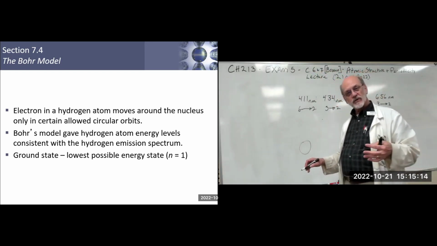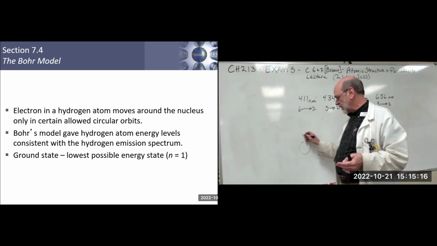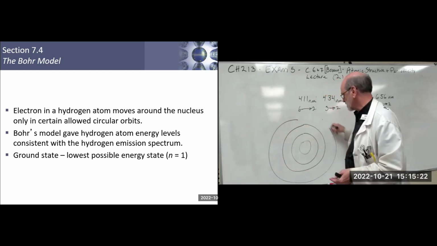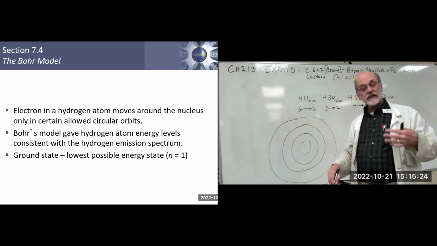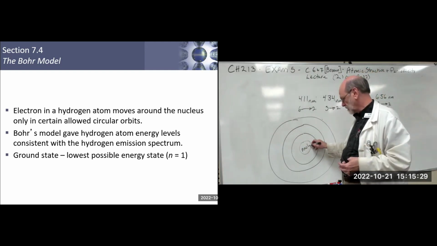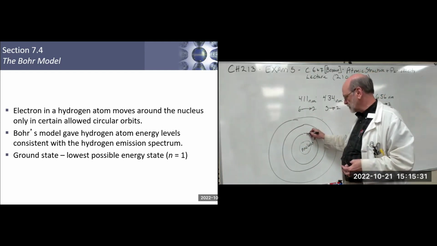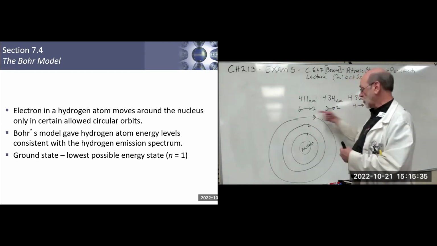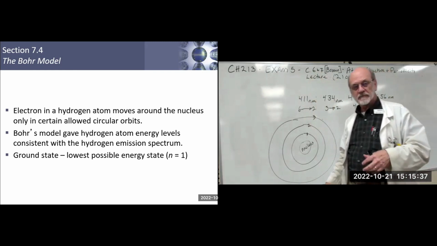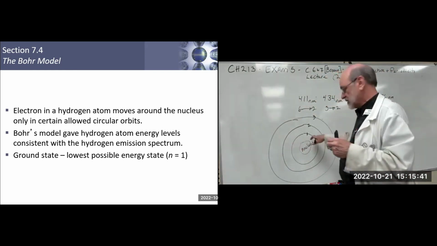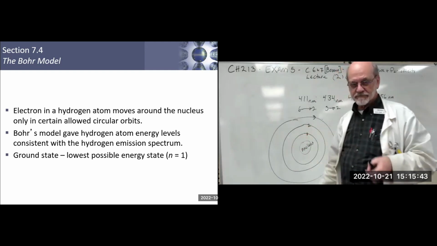And the electrons are moving in circular orbits around the nucleus at fixed distances corresponding to their energies. This would be orbital 1, this would be orbital 2, 3. We could go on up to 6 or higher. That's where those n's are. They represent energy levels around the nucleus.